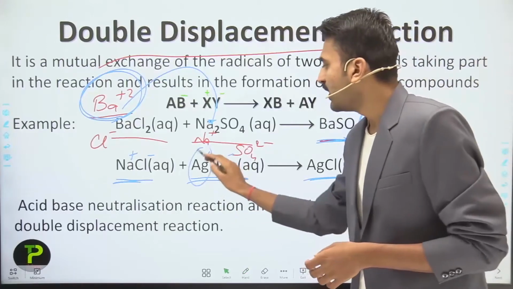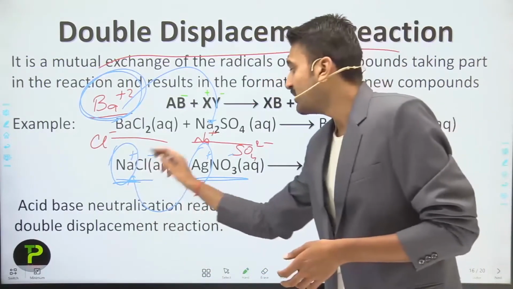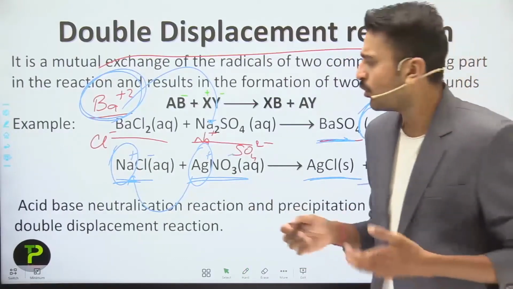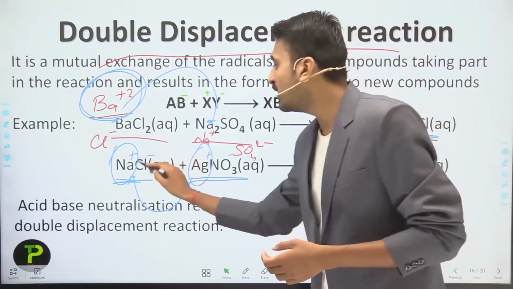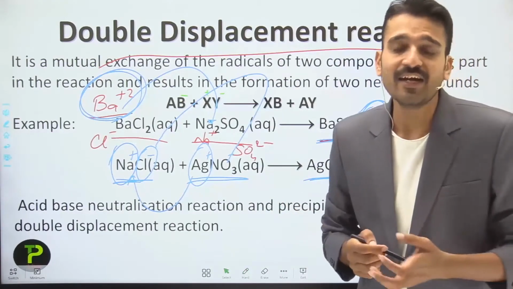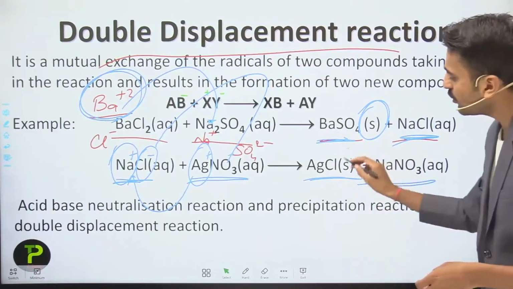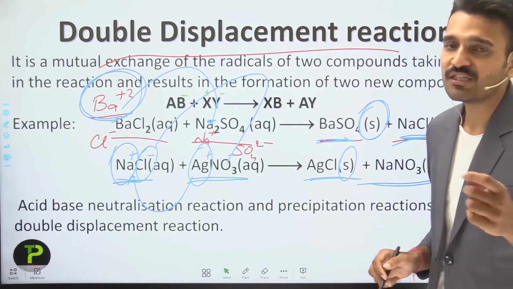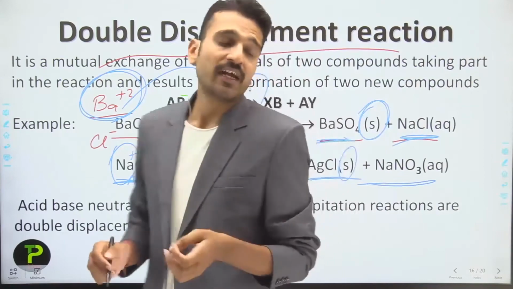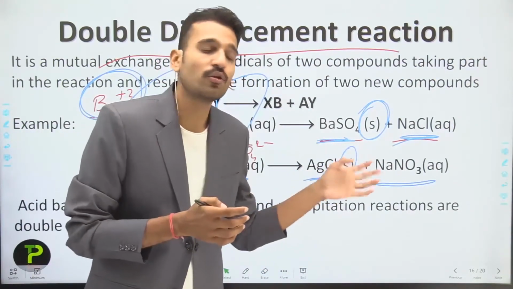Silver is exchanging its place with sodium, or I can say that chlorine is exchanging its position with NO3 minus, the nitrate ion, thereby forming AgCl and NaNO3. Here also you can see S, which stands for precipitate. It means that this AgCl is formed as a precipitate in this solution.